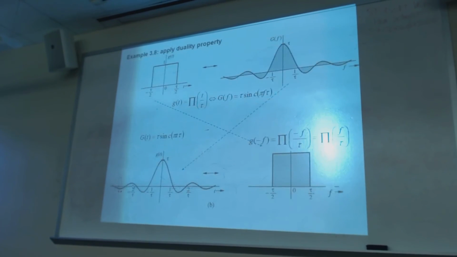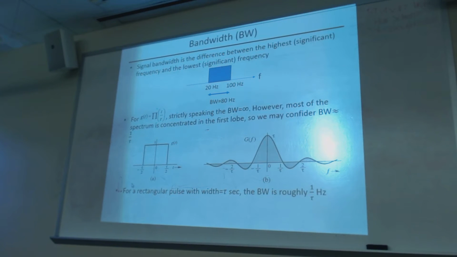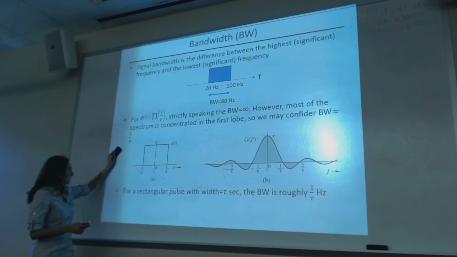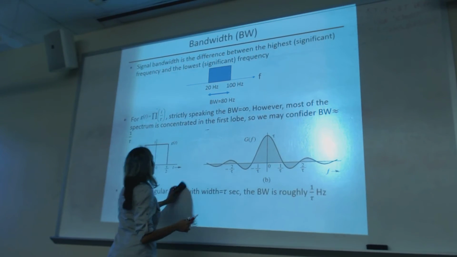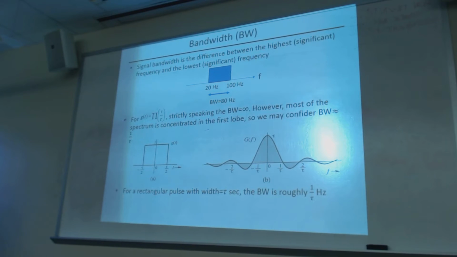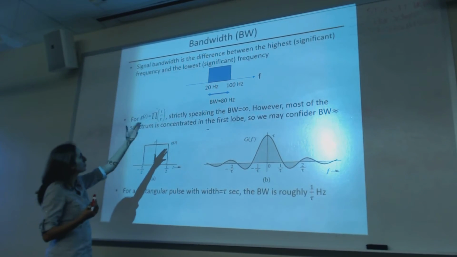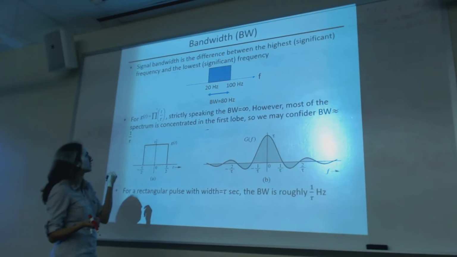And now that there was a mention of bandwidth, let me go back to this slide, which I skipped the other time. Bandwidth is a very useful parameter for a signal. If you have a signal in time domain, and you convert it to the frequency domain, and you look at the spectrum, if you have something clean like that, this says my frequency starts from 20 hertz up to 100 hertz.